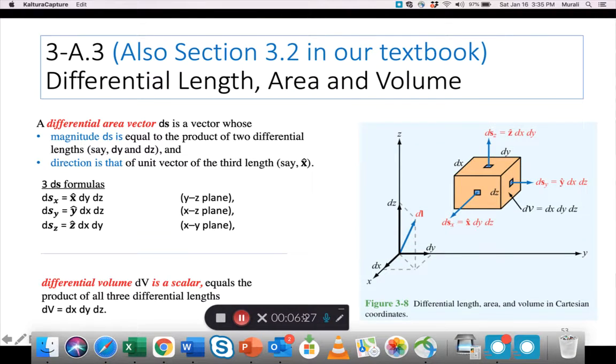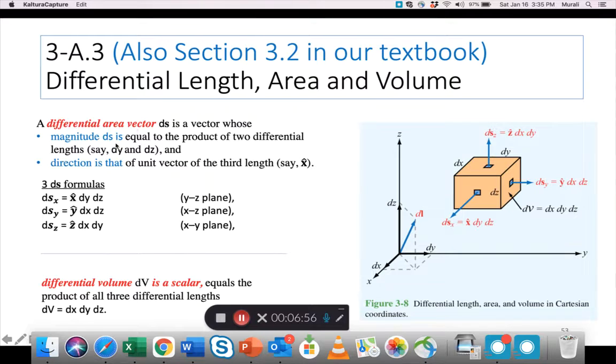So there's all three, and so you must take a close look at this figure and understand what these dimensions mean. Of course, you know what the product of these two mean. The area is just the product of the lengths. But more important, each of these vector areas, surface areas, has a direction associated with it. So make sure you understand that also. Okay.